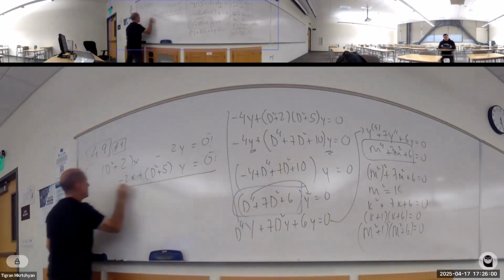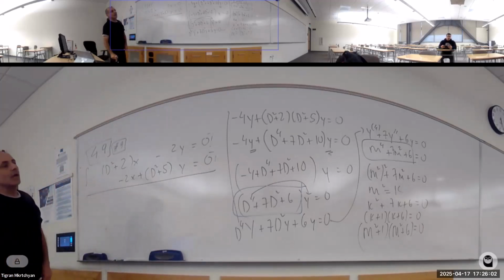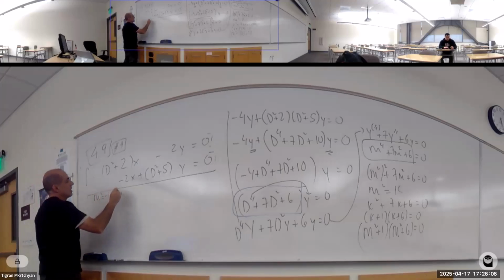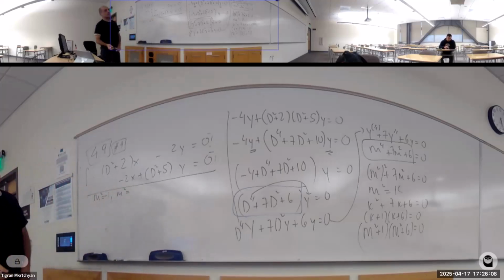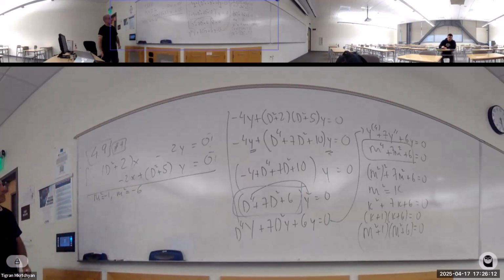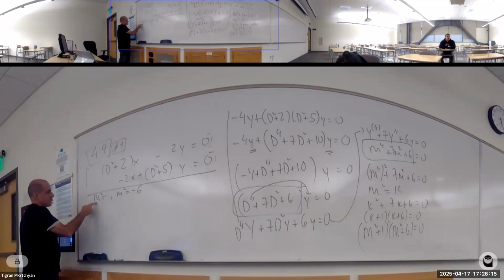So I'm going to continue here. So I have m squared equals -1 and m squared equals -6. So what happens here? We get m equals what? i. Plus or minus i.